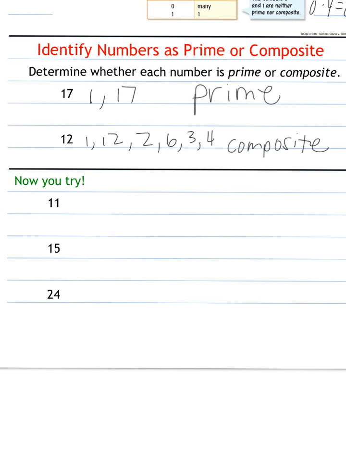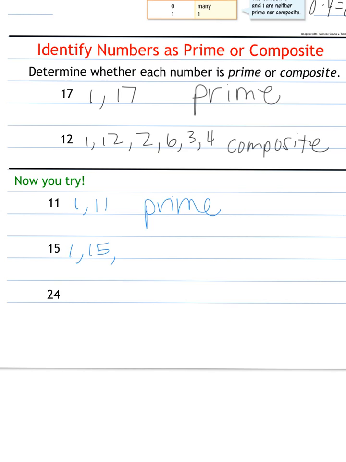All right, 11. Let's list the factors that go into 11. Well, 1 and 11, and then let's think. 2 does not, 3 does not, 4 does not, 5, 6, 7, 8, 9, 10, they do not. So that makes this a prime number because, again, 1 and itself are the only numbers that go into it. 15. Well, I know 1 goes in there, and it goes in there 15 times.